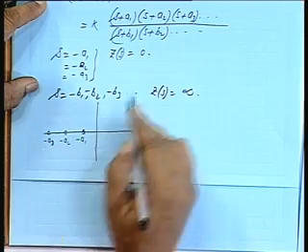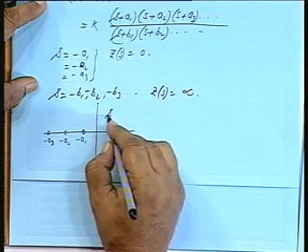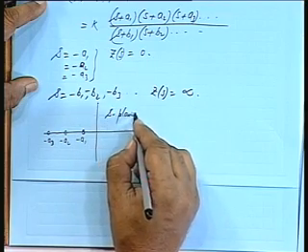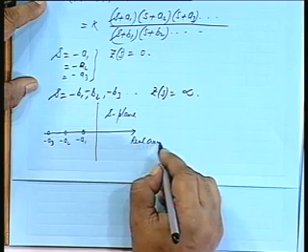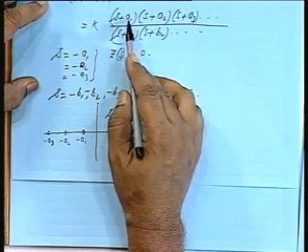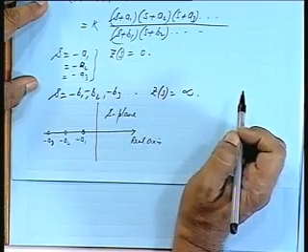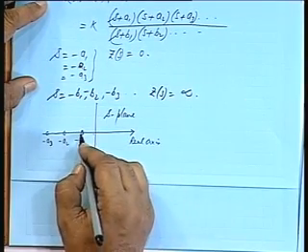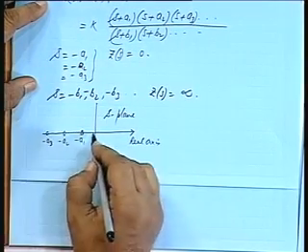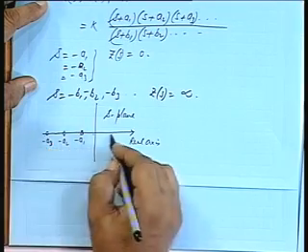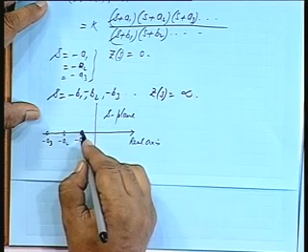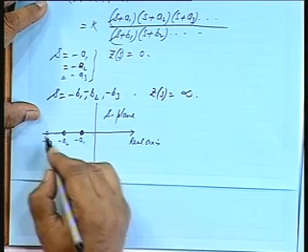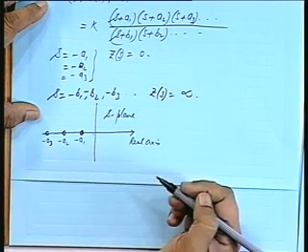We will show the zeros in the S plane. This is the real axis. If a1, a2, a3 are positive quantities, then at minus a1, minus a2, minus a3 they will be represented on the negative real axis, where the function becomes 0.